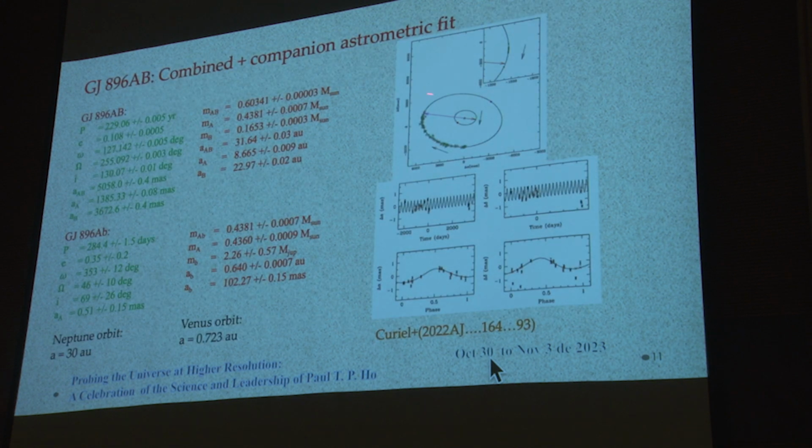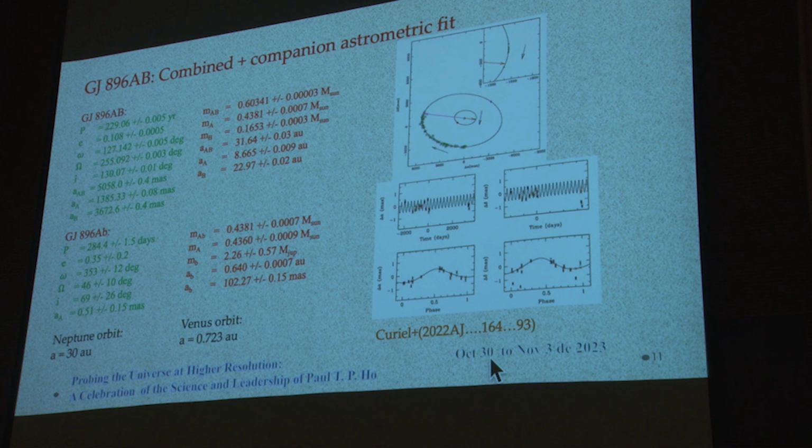So we were able to fit the orbit of the binary, the orbit of each one of the 2 stars, and also to search for possible exoplanets. And in this case, we found a two Jupiter mass companion, which is a planet, orbiting the main star.